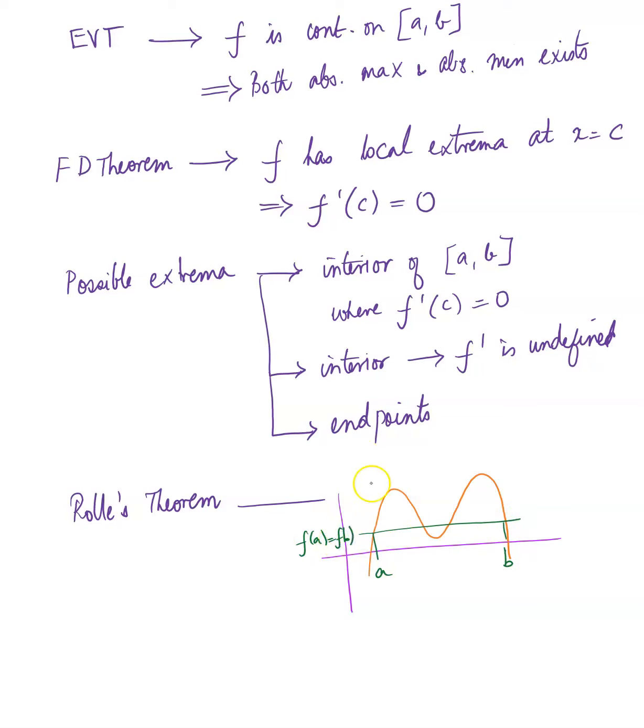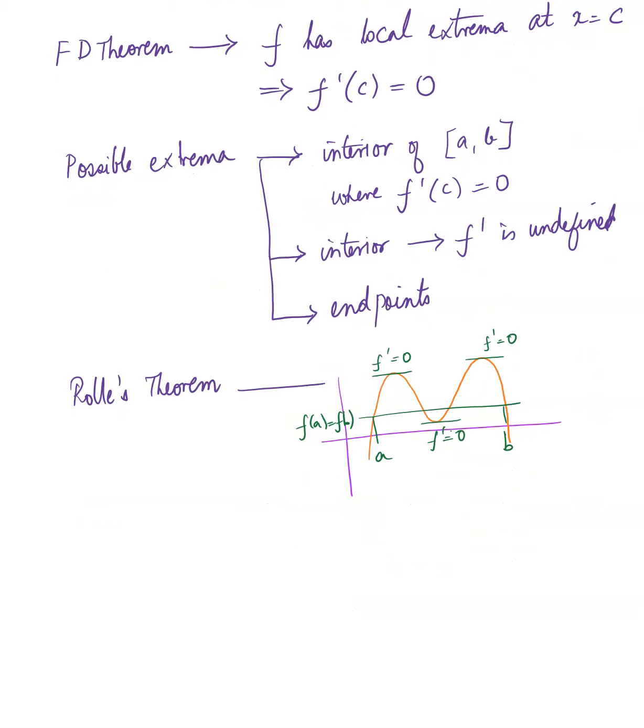Then we said we can find horizontal tangents there. I'm not going to write that information, but these were the places where we found f prime to be 0, whatever those positions were, c1, c2, c3, say.